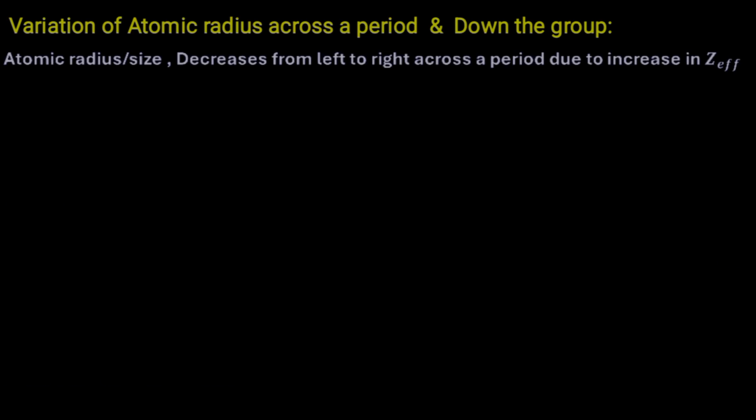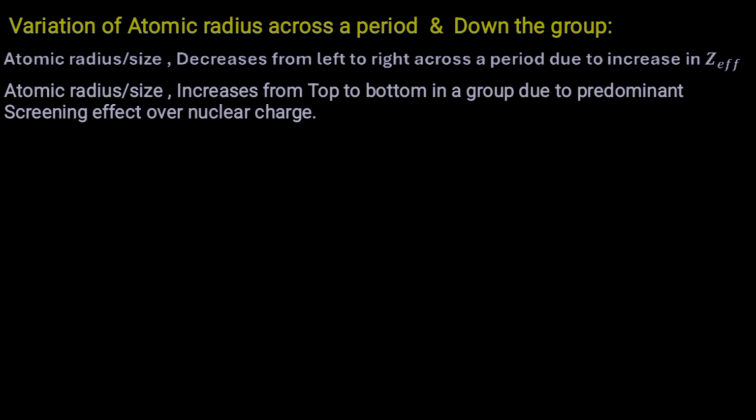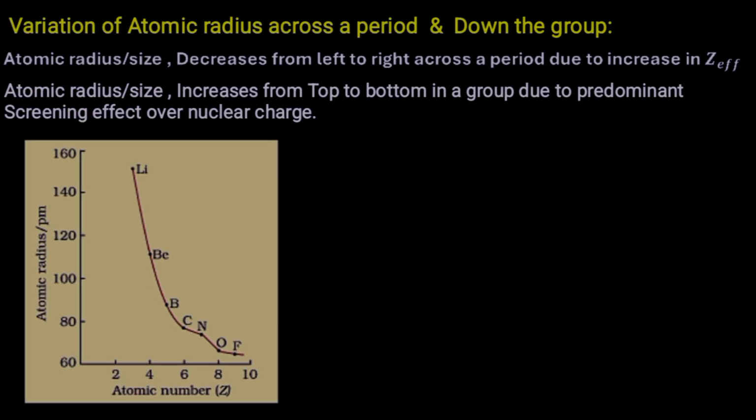Next. See, what is the variation of atomic radius across a period and down the group? Atomic radius decreases from left to right in a period due to the increase in Z effective, meaning effective nuclear charge, and atomic radius increases from top to bottom due to the predominant screening effect over nuclear charge. If you see this picture, this is atomic radius versus atomic number of the second period elements, lithium to fluorine.